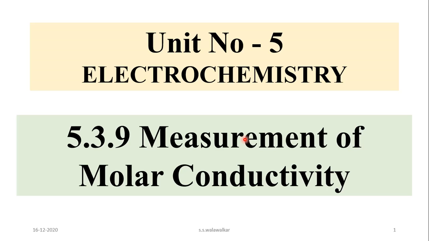But unlike a metallic wire, we cannot connect an electrolytic solution, and therefore we cannot measure the resistance of the solution like a metallic wire on the Wheatstone bridge. For that purpose, a conductivity cell is used.